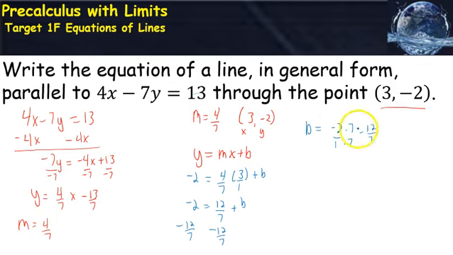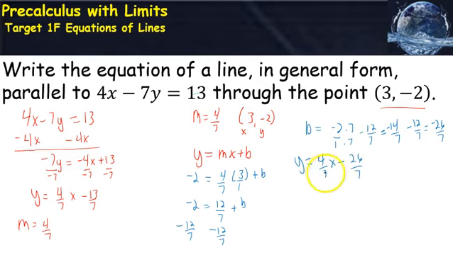Alright, so this is, let's see, negative 14/7 minus 12/7, which is negative 26/7. So now plugging that in, I have y equals my m, which is 4/7 x, minus 26/7.